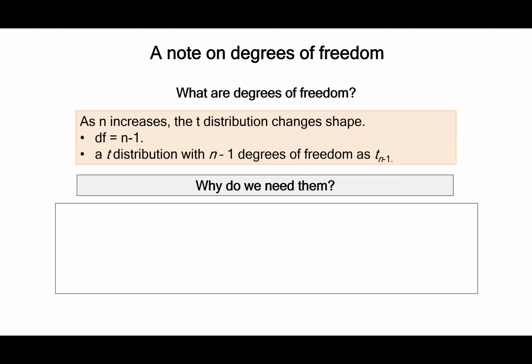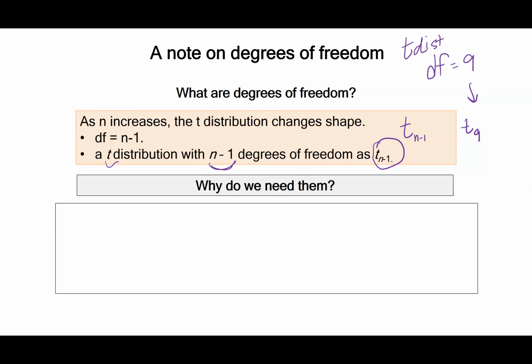So if we have a t-distribution that has n-1 degrees of freedom, the notation we use is this t, and then instead of writing n-1, we could write the number. So if I had a t-distribution with degrees of freedom 9, I would write a t9. Oops, that looks like a Q. T9.